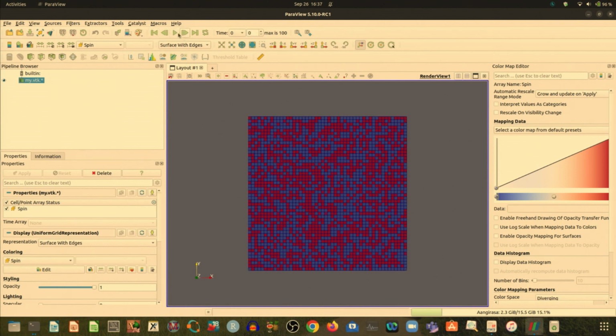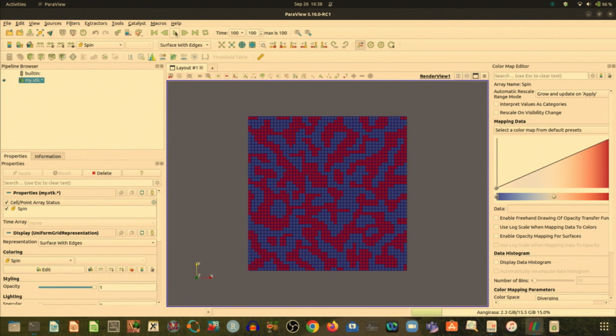Let me start again and you see what is happening, right. It phase separated, it went towards length scale. After that there is not much that is happening.